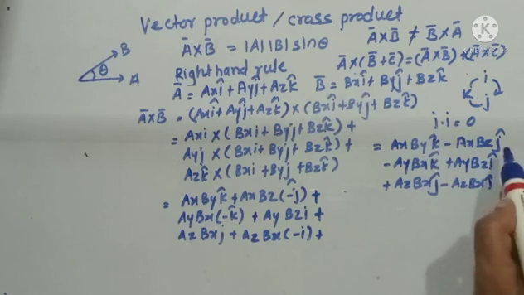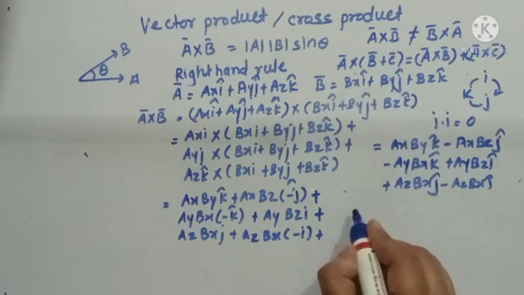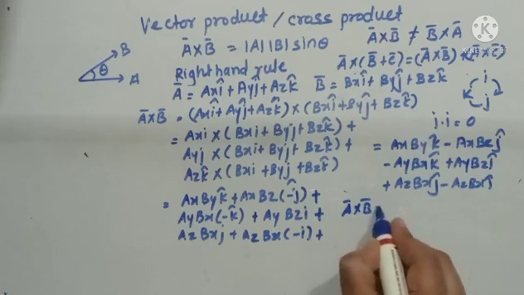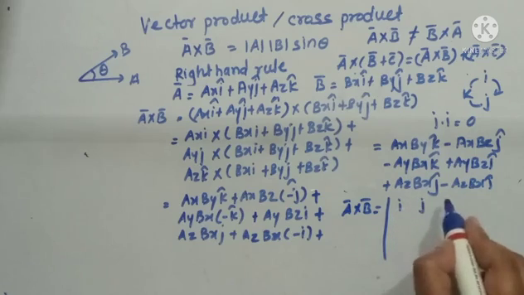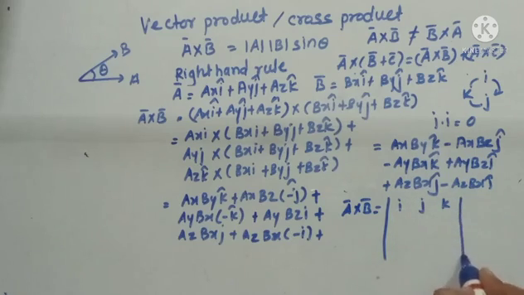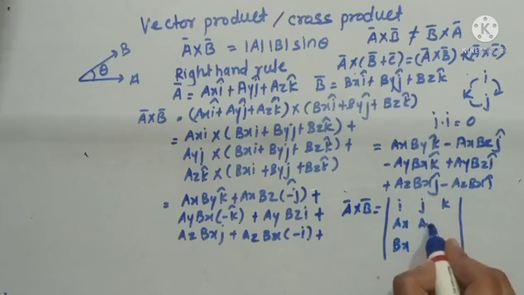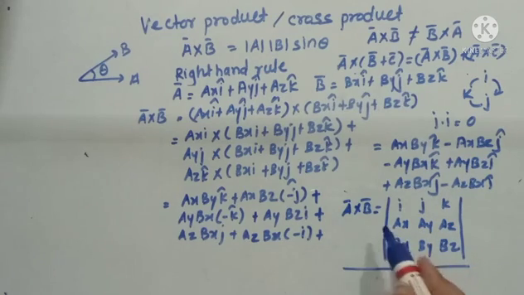So 2 k terms, 2 j terms and 2 i terms. So that will be equal to the determinant with rows i, j, k; ax, ay, az; bx, by, bz. So this will be the cross product of the two vectors.